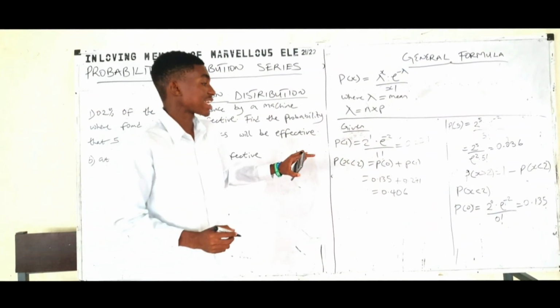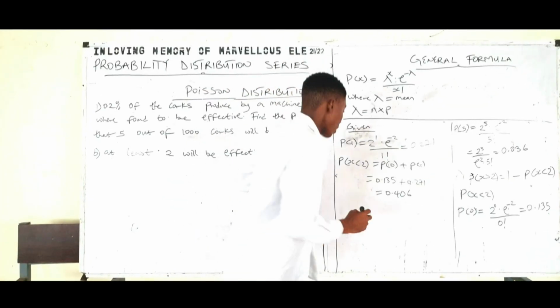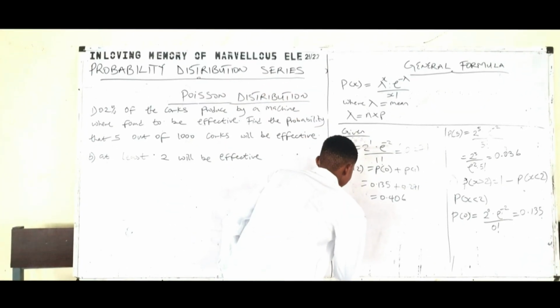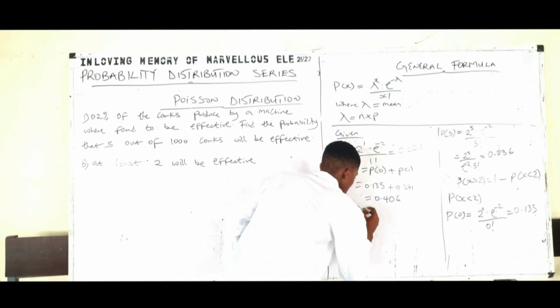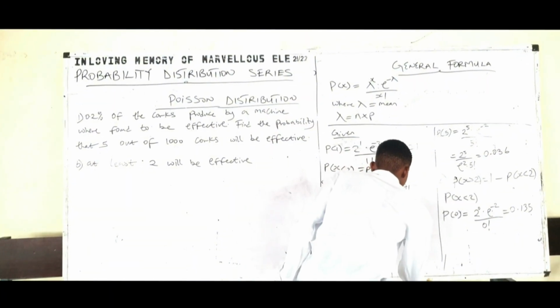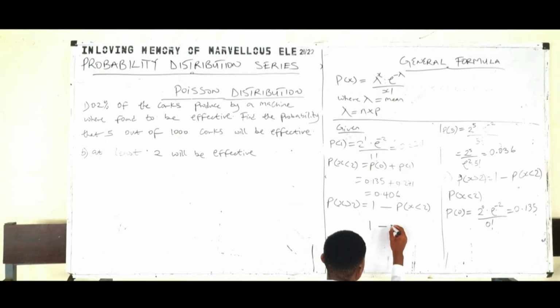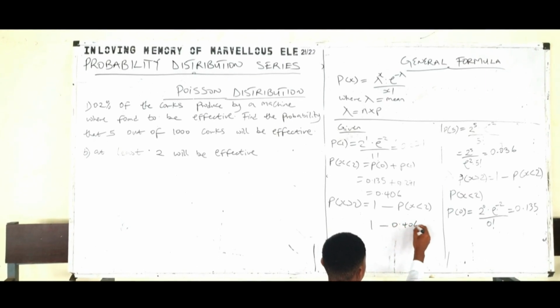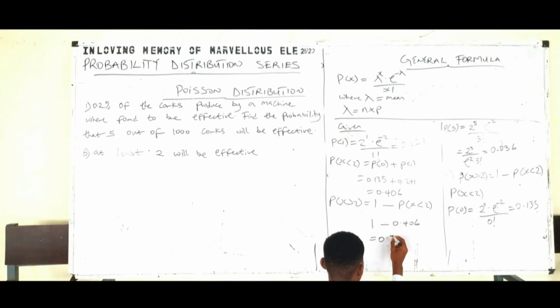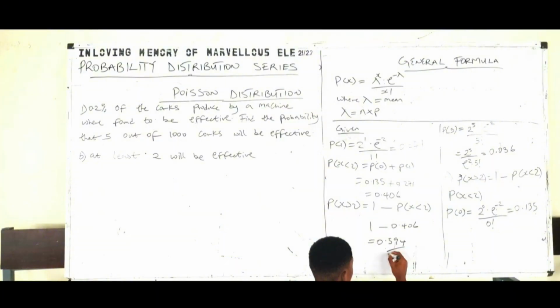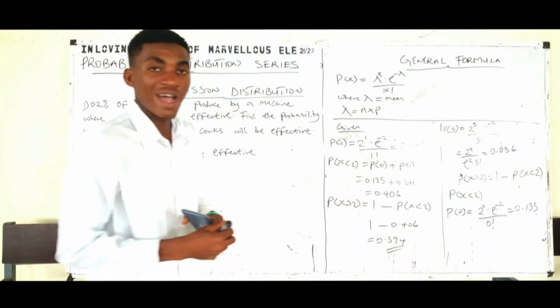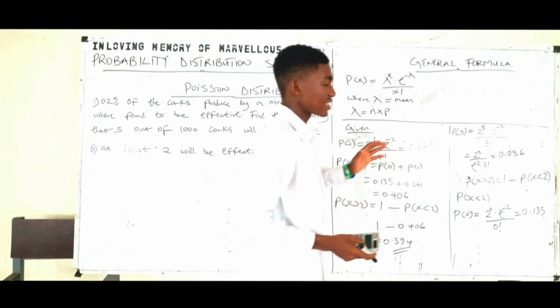This is the probability of X less than 2. So put this in our formula now. Probability of at least 2 equals 1 minus probability of X less than 2. So 1 minus 0.406 is 0.594. So this is the probability that at least 2 will be effective.